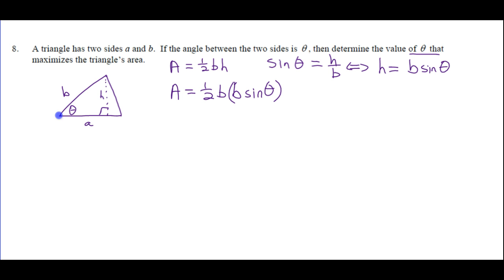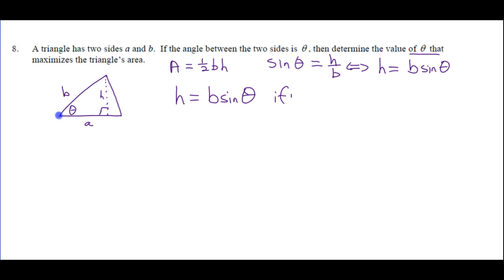Oh, but wait a sec. Don't do that. Look, if we get the height, the highest height is going to give us the greatest area, right? Because again, the base is fixed. So let's just take the height and maximize it. So H is equal to B sine theta.